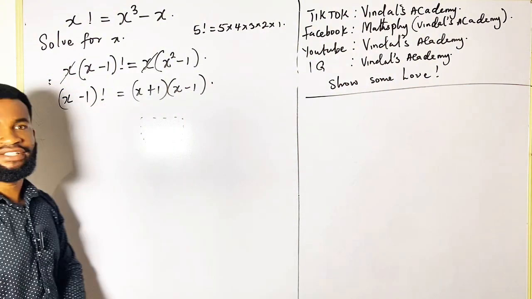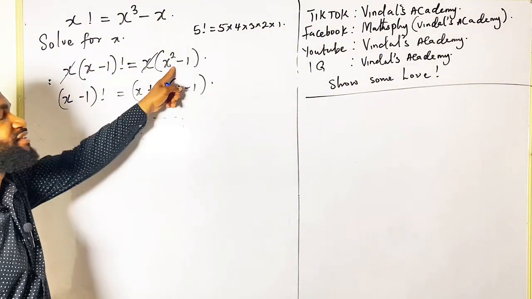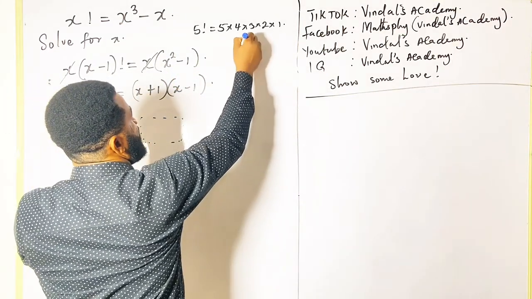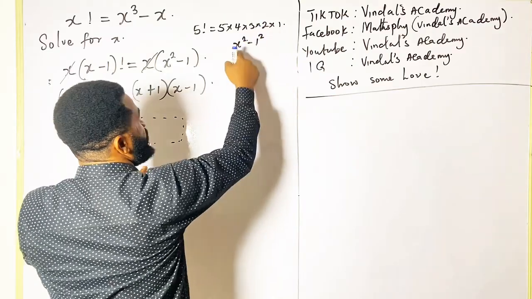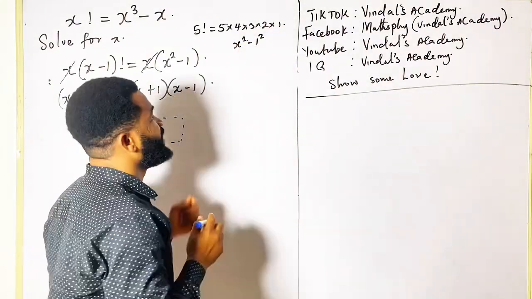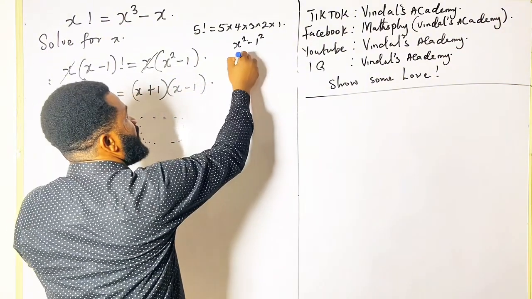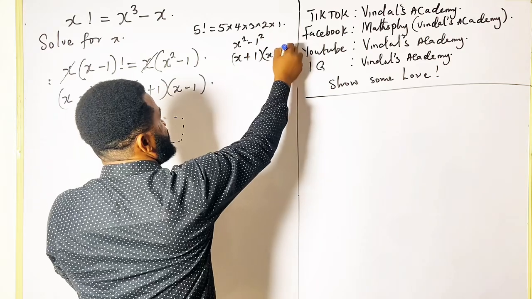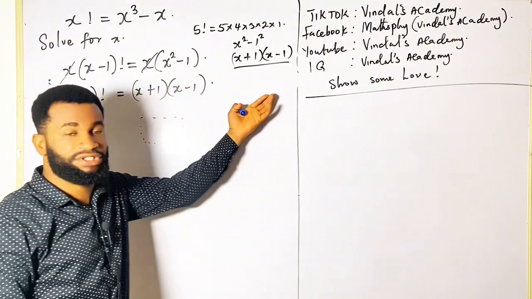All right, so at this point, remember, this is a difference of two squares. A difference of two squares means that if you have x squared minus 1 squared, these are two squares, but they are different, that is, subtracting each other. To factorize them, you're going to have x plus the other one in bracket, and then x minus the other term. So this is how it works.